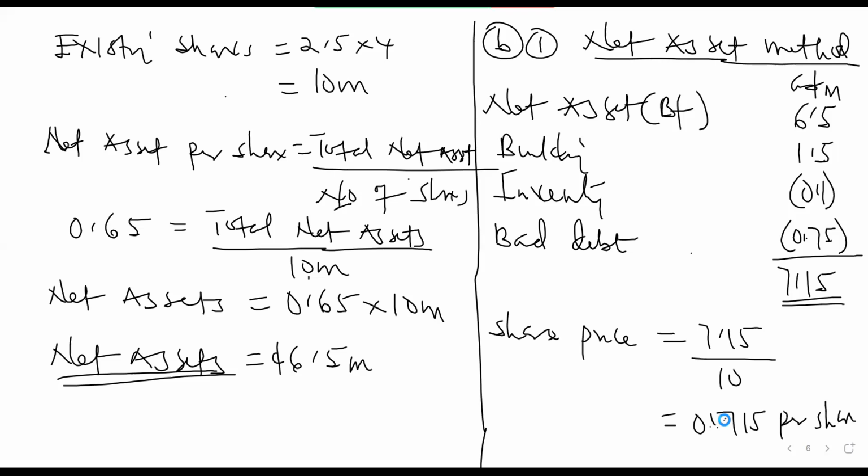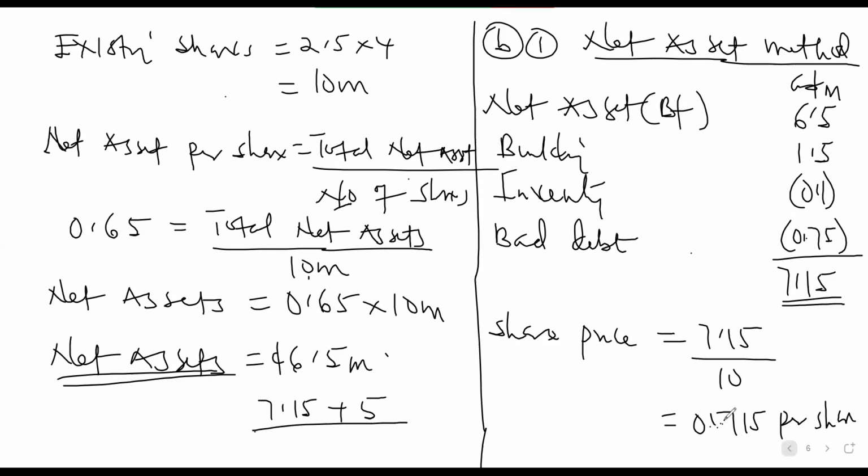They say prior and following the rights issue. So that is the first one. If the rights issue is done, we will have 7.15, that is before the rights issue, then you add the rights issue amount to it, so you have 12.15.